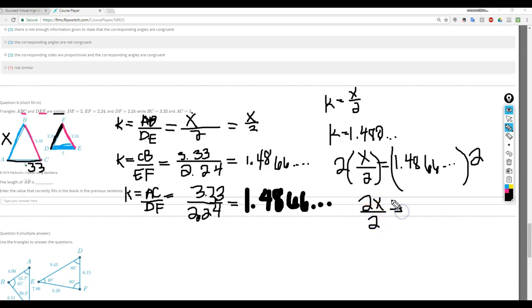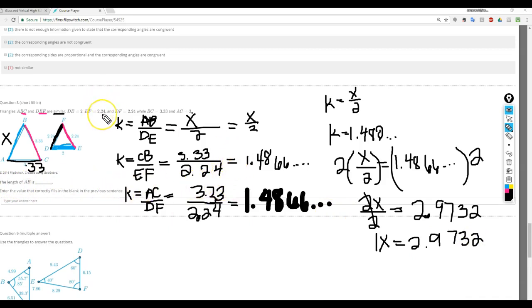This is going to equal 1.4866 times 2, which is 2.9732. 2 divided by 2 is 1. So 1x equals 2.9732.